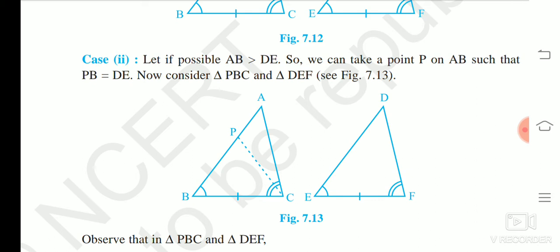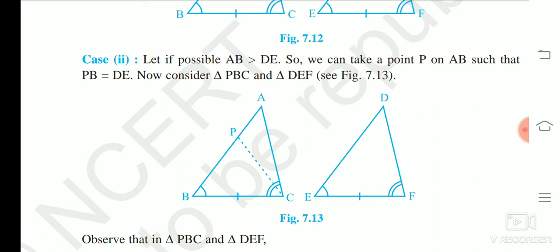So that's why we need to compare DE of the triangle DEF with side AB in the triangle ABC. We are going to construct one side equal in length.